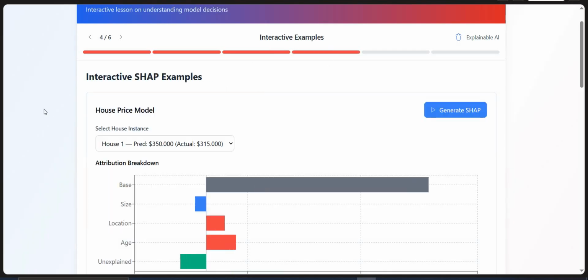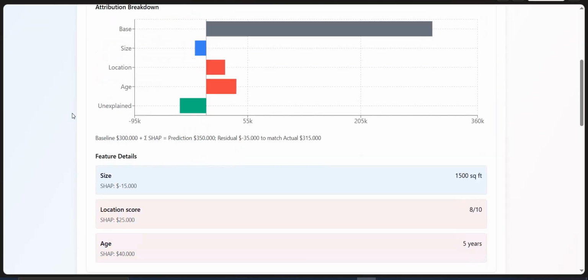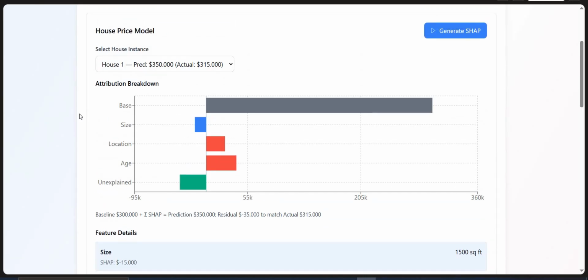And here we have an example. So what is that? Suppose our baseline value is $300,000. For house 1, the prediction came out to 350,000, while the actual price is 315,000. That leaves a residual of minus 35,000.